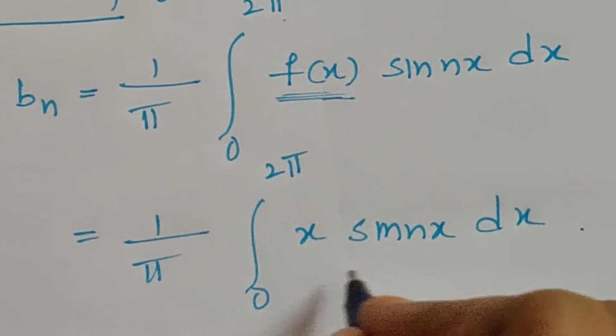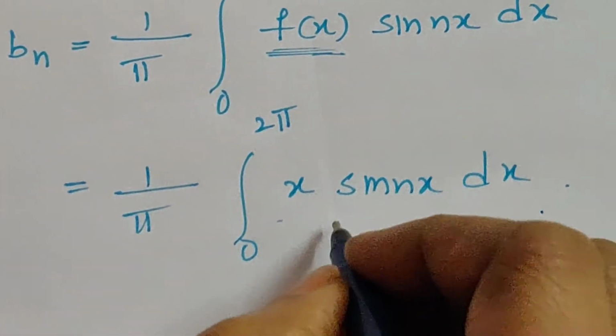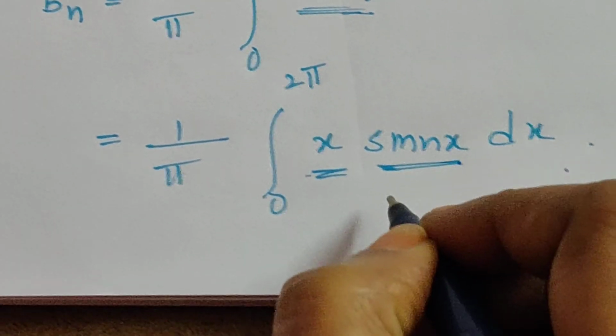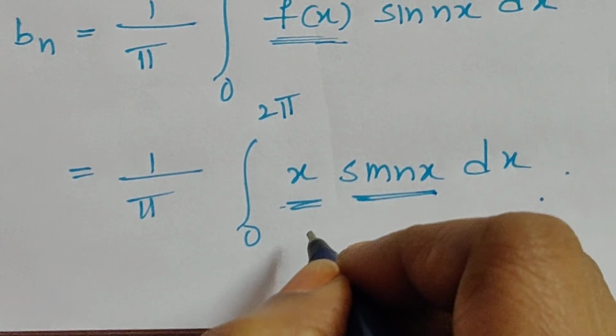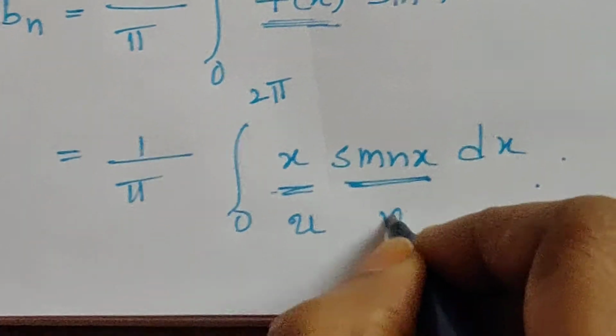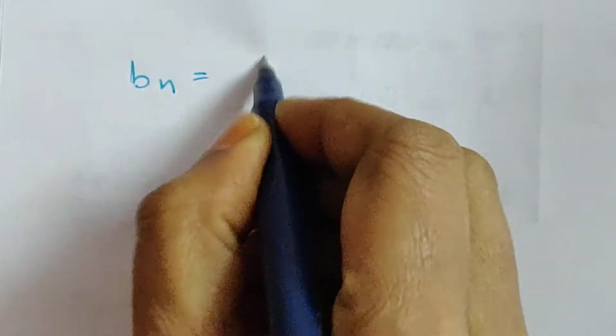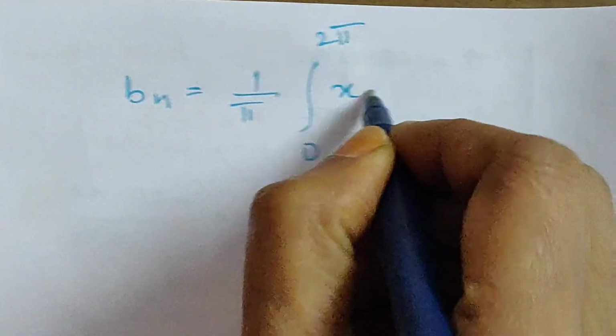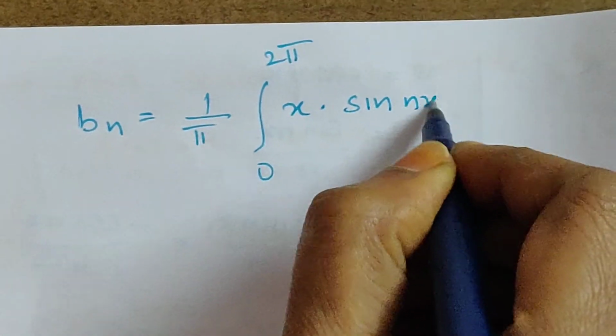Now we have to evaluate this integral. Under the integral, we have algebraic and trigonometric functions. That means we are going to follow the generalized rule of integration by parts. So here u is algebraic, v is the sine function. So according to this, bn equals 1/π integral 0 to 2π x into sin nx dx.